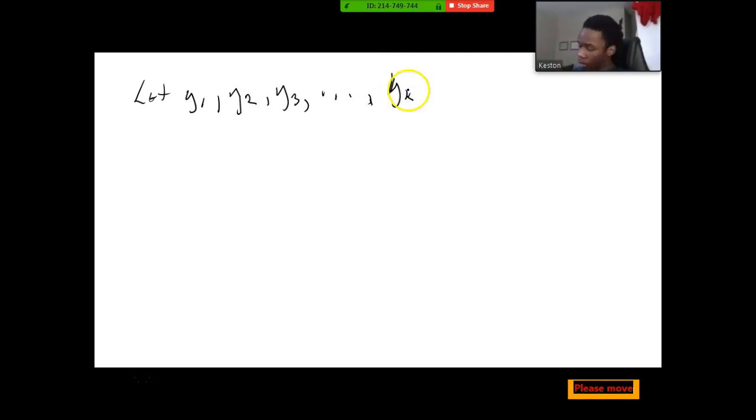These are all solutions of a homogeneous linear nth order differential equation. I'm just going to write DE to keep from writing as much. On some interval I.